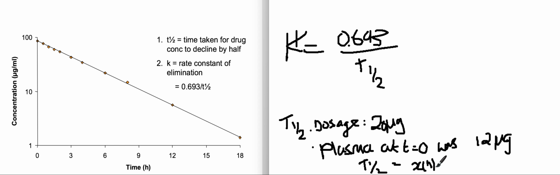Make sure you put units; it can be minutes, hours, some drugs can be days, some can even be in months. So it will be the time taken for it to become 6 micrograms, so half of it. So that's what half-life is.